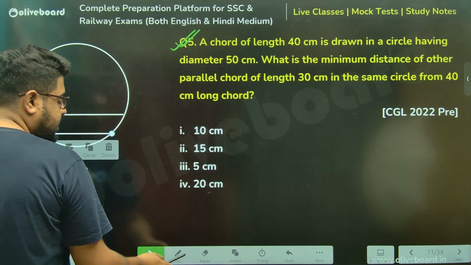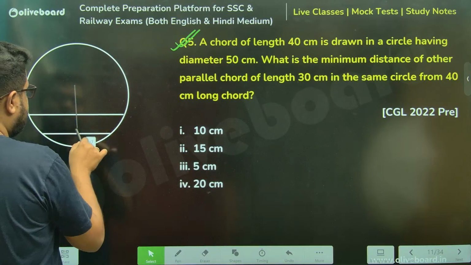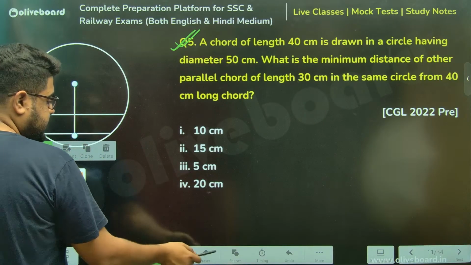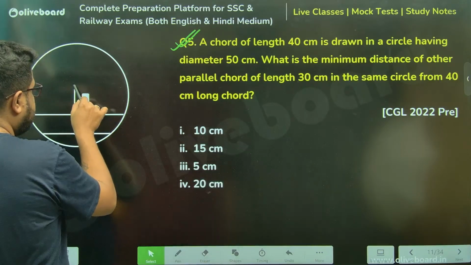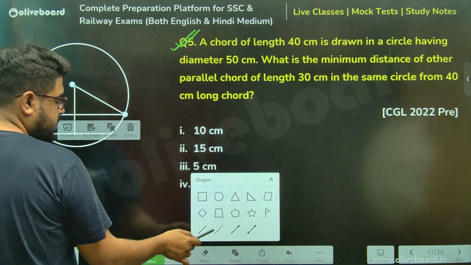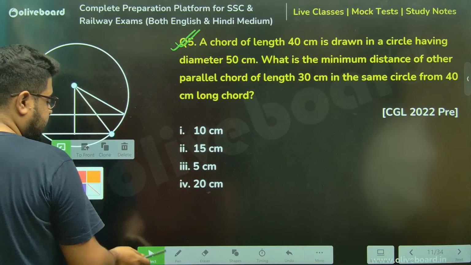This is the other chord, and I complete all the right angle triangles.